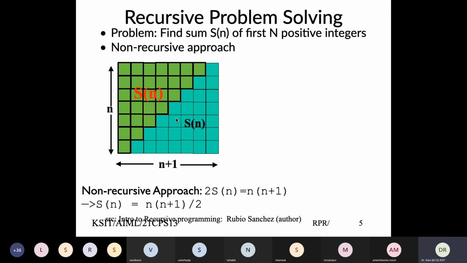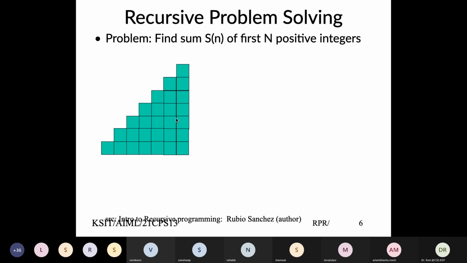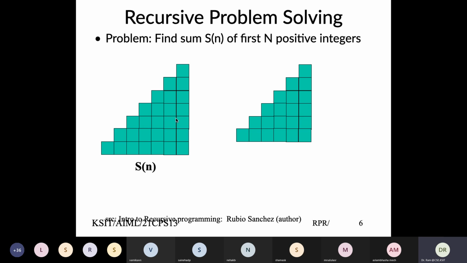Now let us look at how we solve using recursion. Take the same number, the Sn. Sn represents the sum of numbers 1 to n. Let's look at a smaller problem.